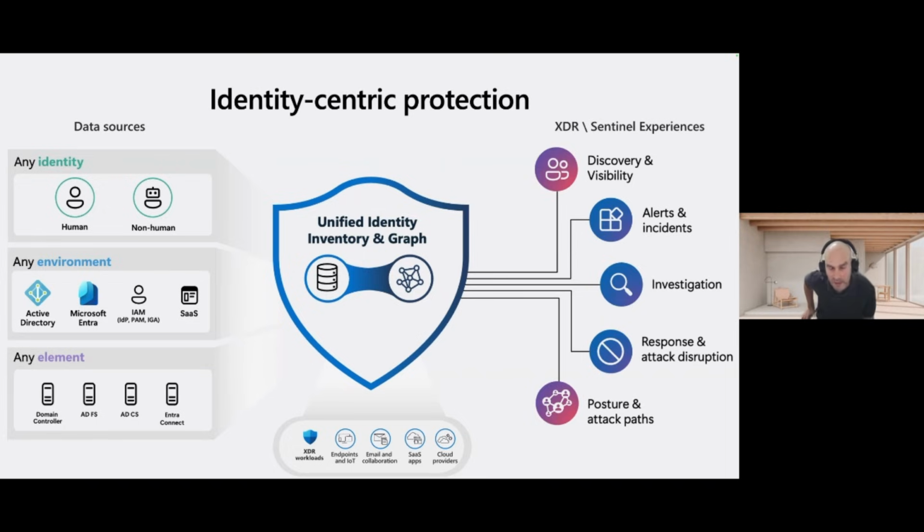But then let's talk a bit about detections or incidents and alerts. Think about a situation where there is a detection based on telemetry that we are collecting from Active Directory, and then there is another alert based on telemetry that we are collecting from Entry ID, and then there is another alert based on telemetry from Okta, right? So there are 3 different alerts.